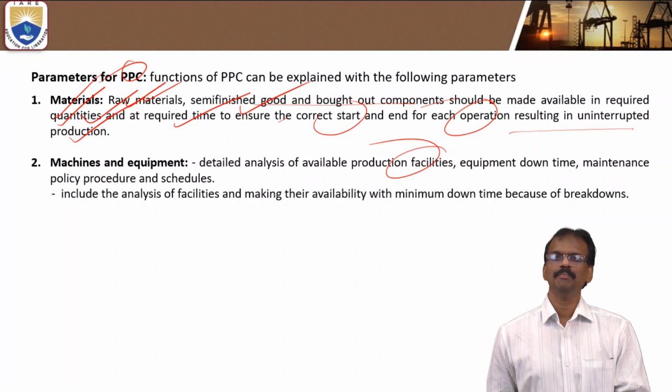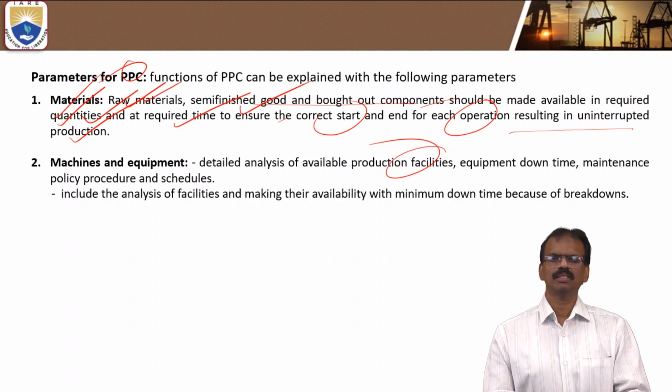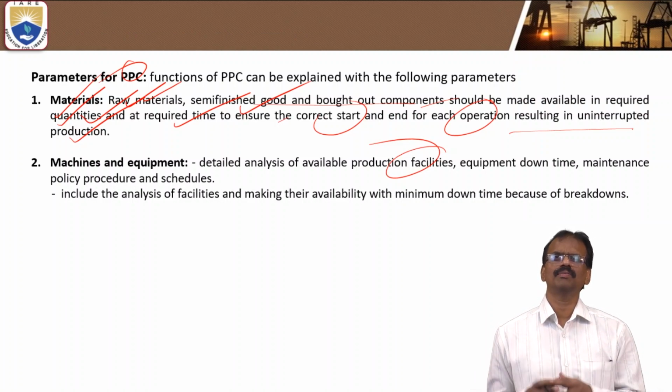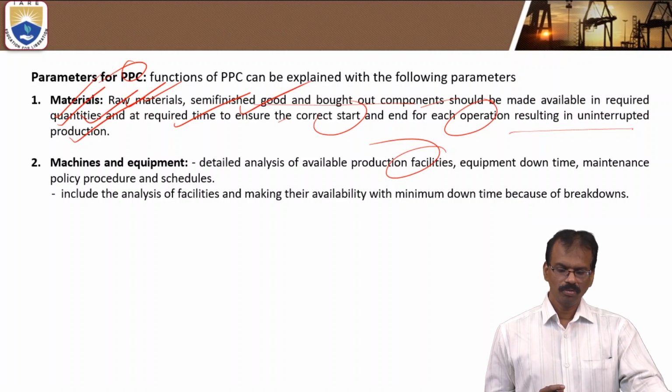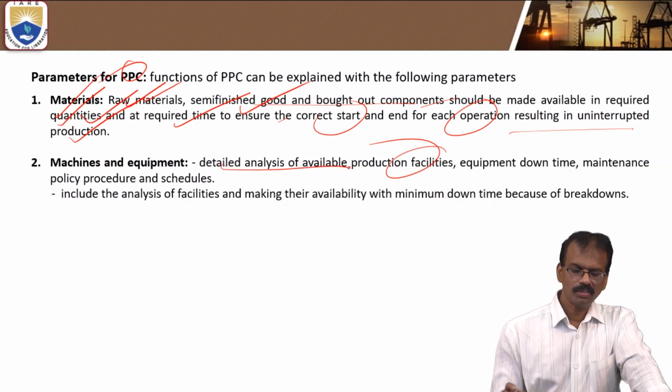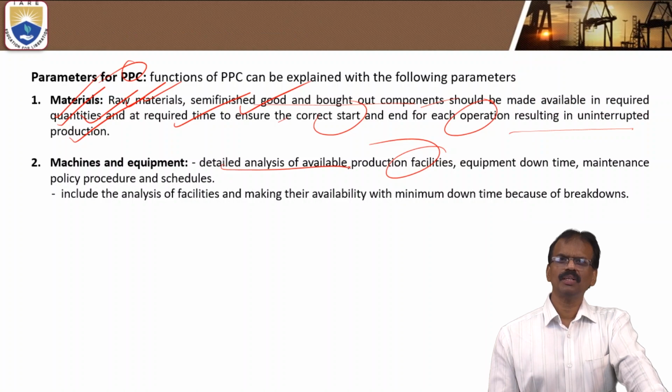Equipment downtime, maintenance policy, maintenance of machines and required equipment, and work holding devices, like fixtures and jaws, for holding and fixing the workpiece on the machines. Those things are also very important. So detailed analysis of machinery and equipment and proper utilization of these resources are very important.